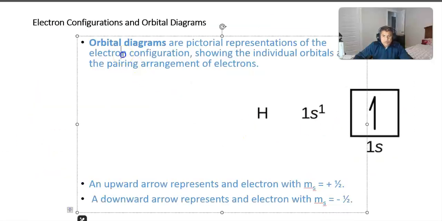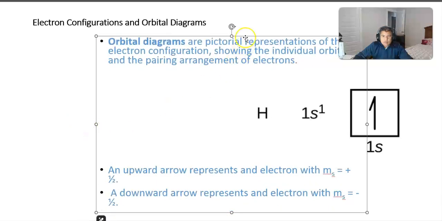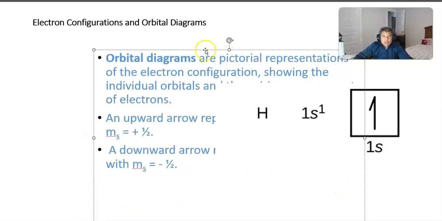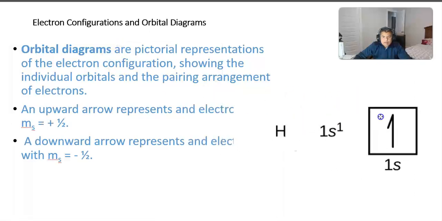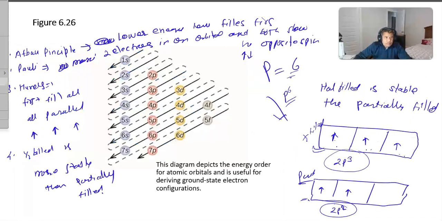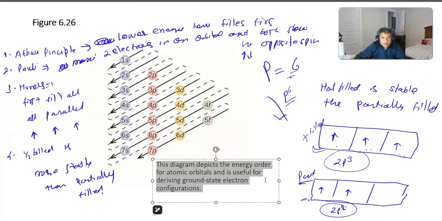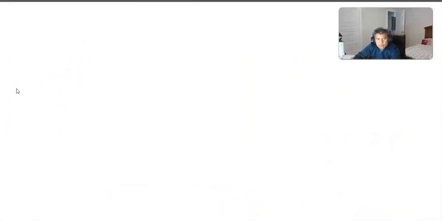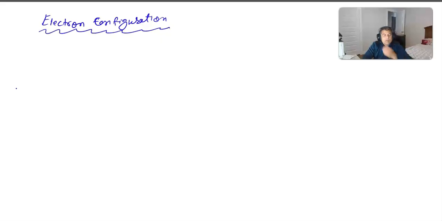Then we will go to the orbital diagram also, after studying the electron configuration. Electron configuration.